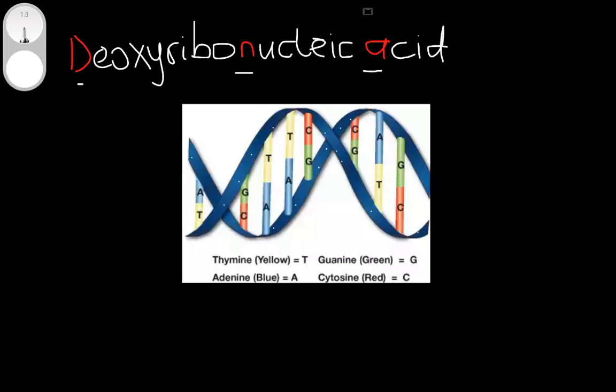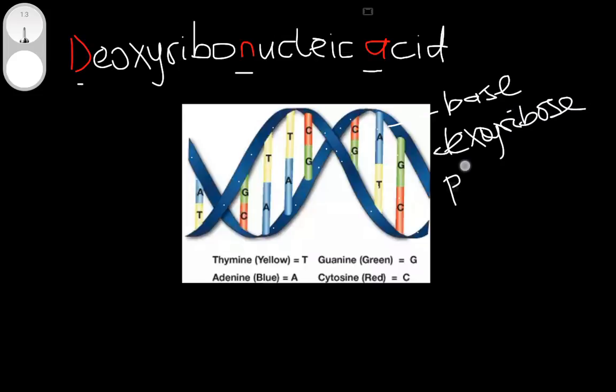So what is contained in each of these nucleotides? The first thing that we would find in the nucleotide is the nucleobase. These colorful columns here are the bases. So the nucleobase, we're going to call it the base, and then a monosaccharide, a very simple sugar known as deoxyribose, and then a phosphate group.